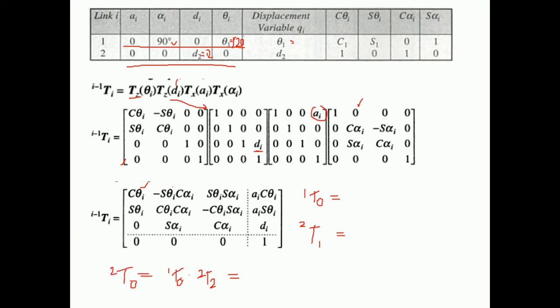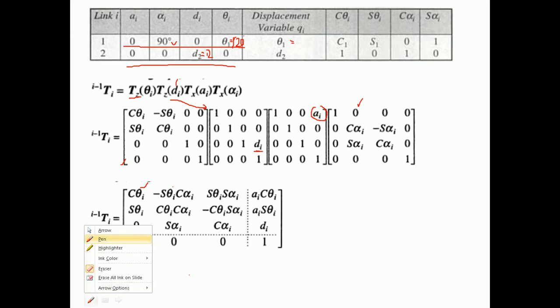Actually this is going to be written in such a manner because we are trying to find a point P in space which is going to be projected in frame 0. So the final matrix which we are trying to find is we need to project point 2 in frame 0.